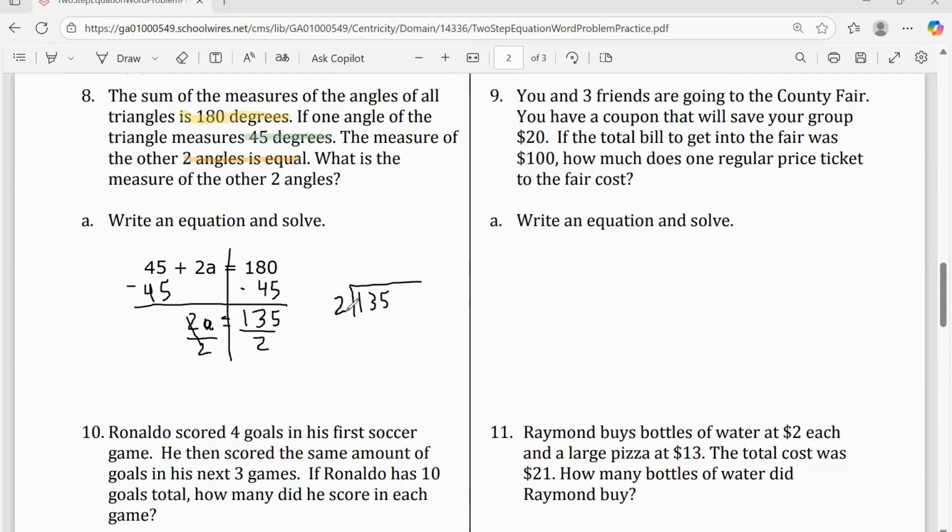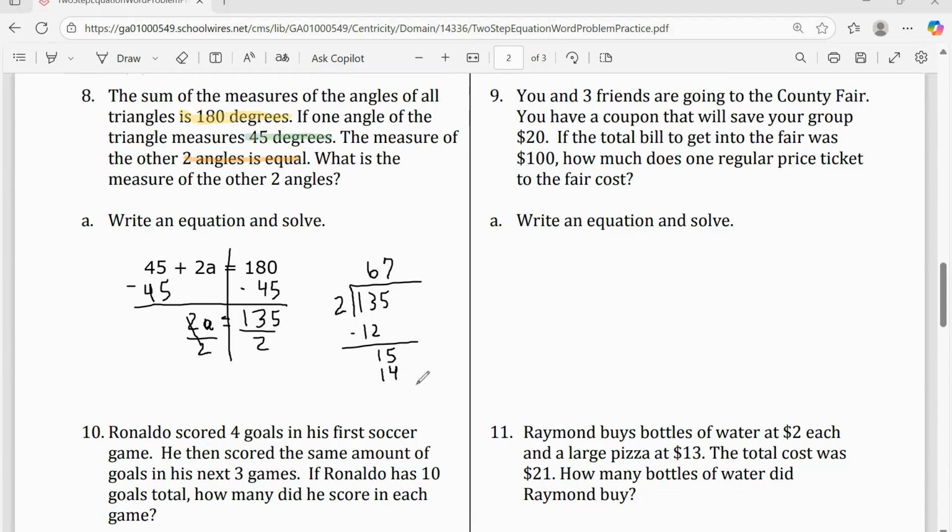Not all of your numbers have to be whole numbers. 2 can go into 13 6 times. That would give us 12. 13 minus 12 is 1. Bring that 5 down. How many times can 2 go into 15? That would give us 7. 2 times 7 is 14.